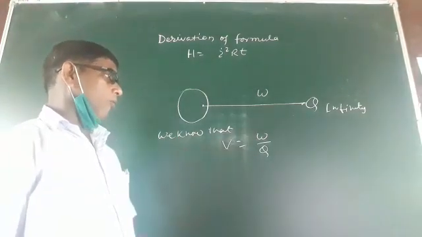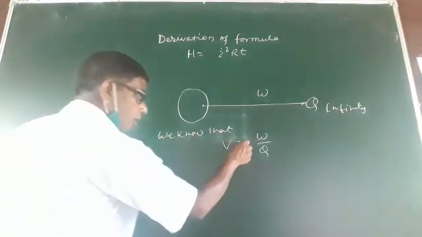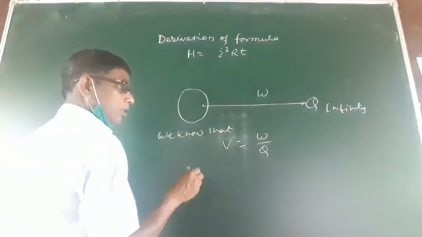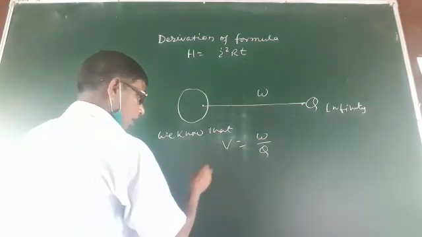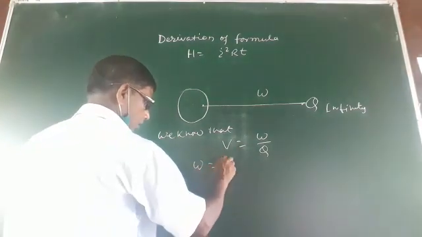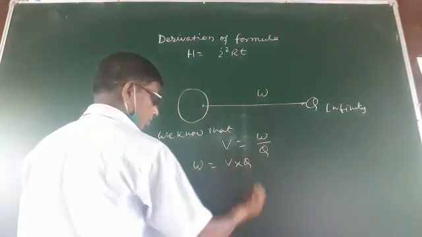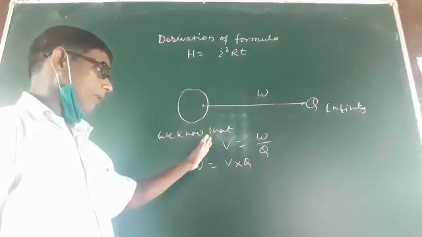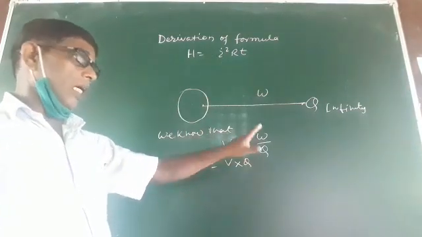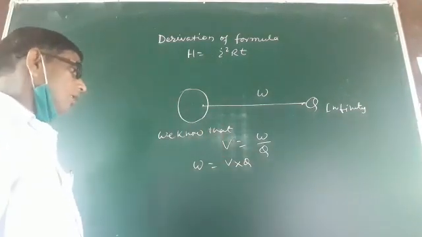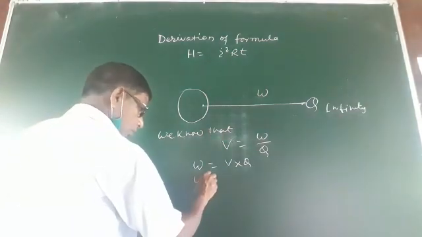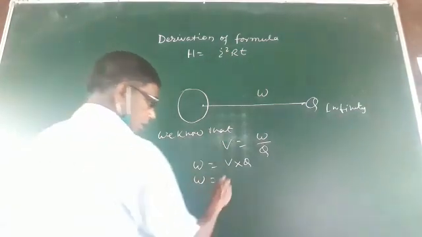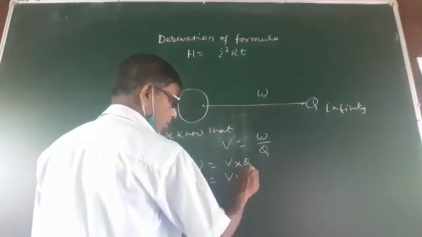V equal to W by Q. From this formula, by cross multiplication, we write W equal to V into Q. V for voltage, V for potential difference, and Q for charge, you know. W equal to V into Q.